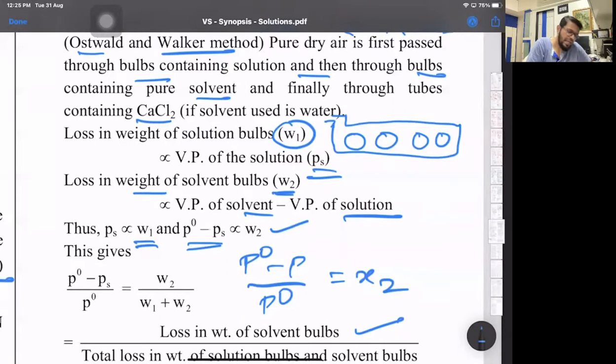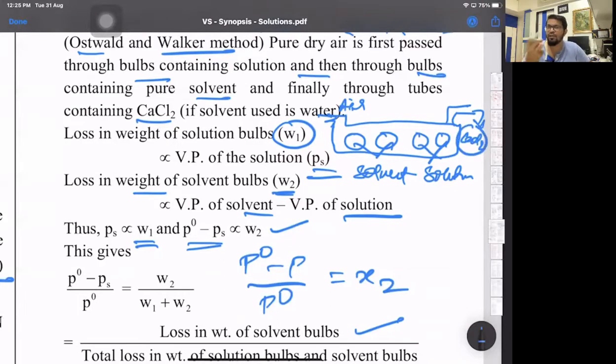Air is passed in here. These two are pure solvent. These two are solution. Then it is further connected, and these vapors are made to pass into the calcium chloride vessel.